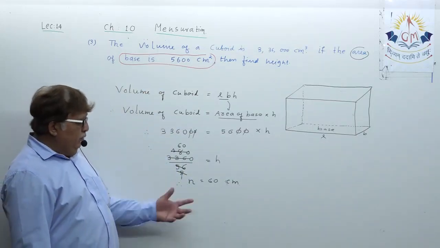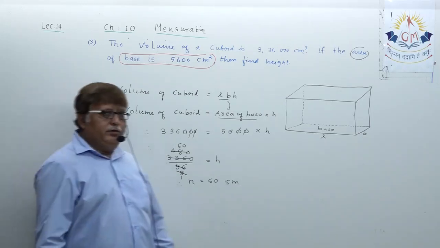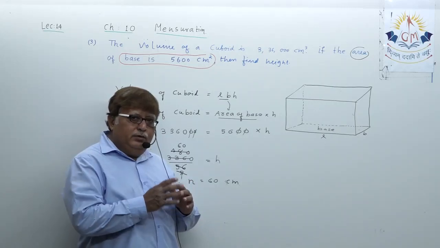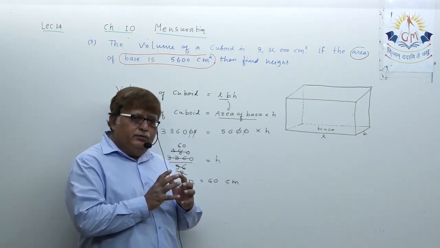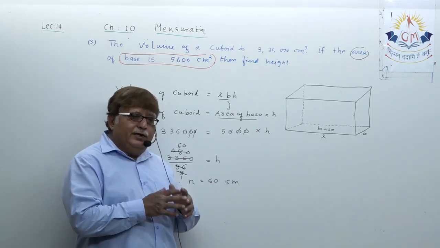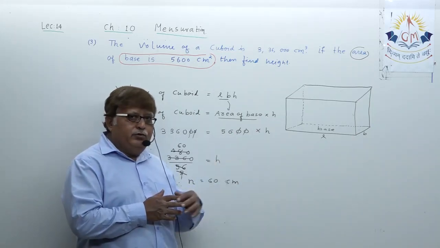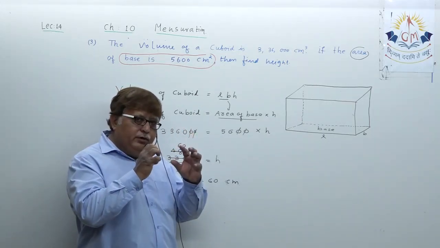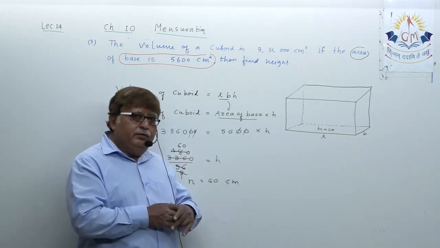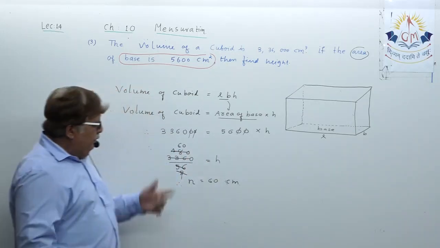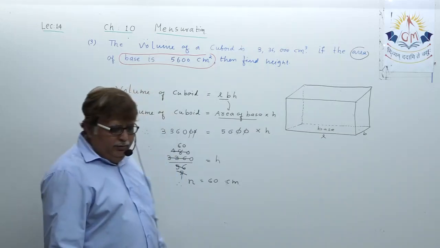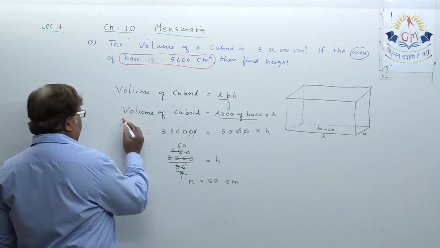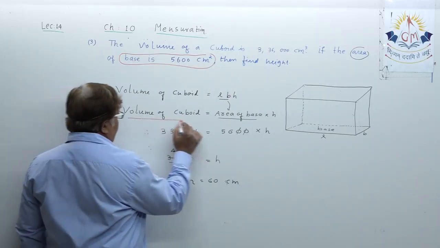You understood? So this is the way, dear student, you just remember the formula, just learn some minor alteration and modification of the formula, but that happens only when you are conceptually very strong, and the diagram of the cuboid is in your mind, then you will be able to understand. So this is the way height can be found, and please note down this new formula of cuboid. What is that?